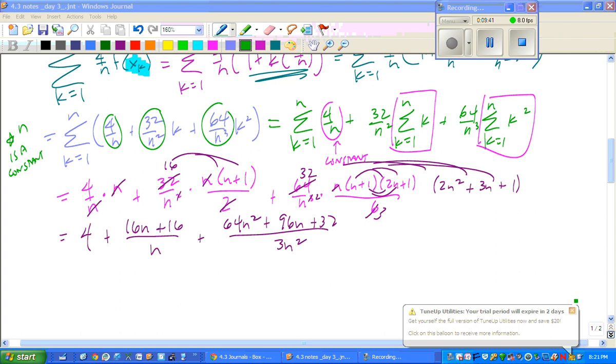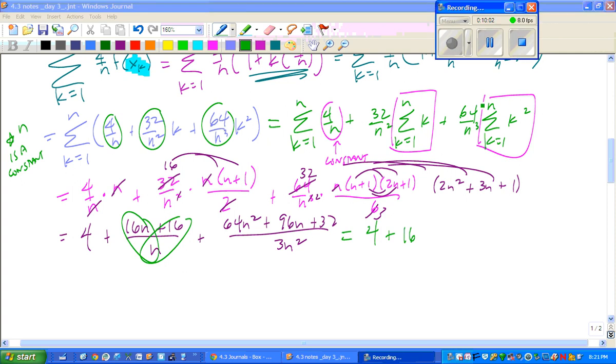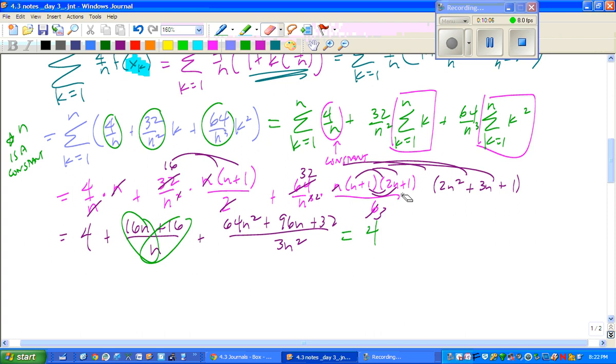Now, to simplify a little bit further, 4 is good how it is, but here 16n plus 16 over n, we can basically divide both of these terms by n. So if we take 16n divided by n, we're just left with 16. If we take 16 over n, let's write this out, so I can show you what I'm talking about a little bit better.